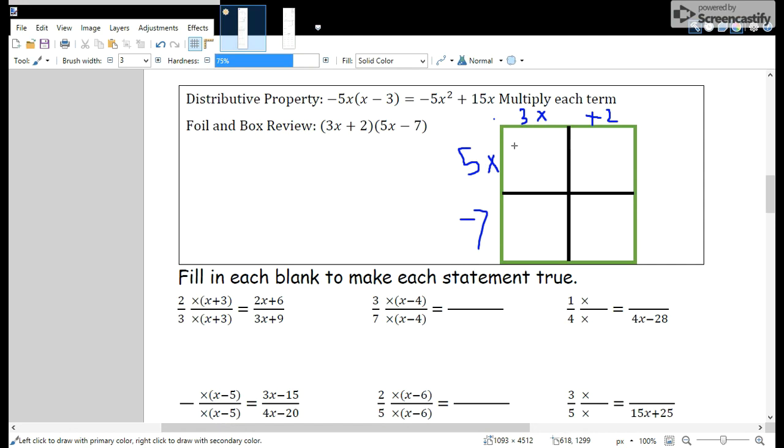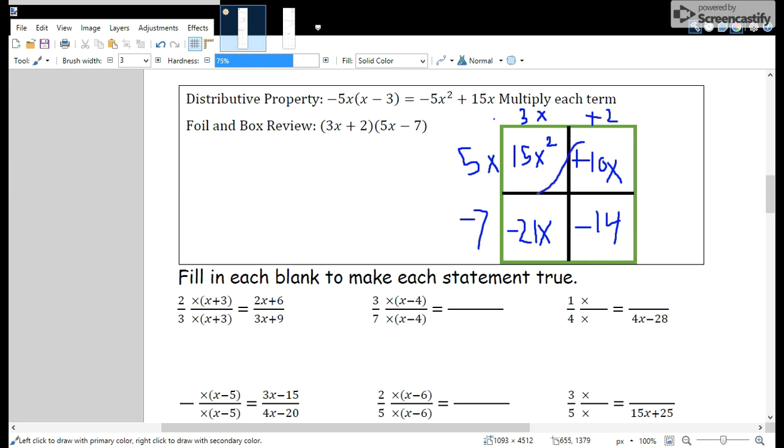5x times 3x is 15xx, which is x squared. 5x times 2 is plus 10x. Negative 7 times 3x is negative 21x. And negative 7 times 2 is negative 14.